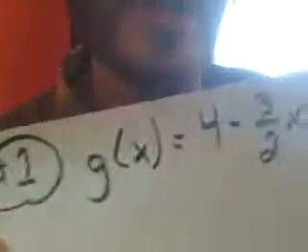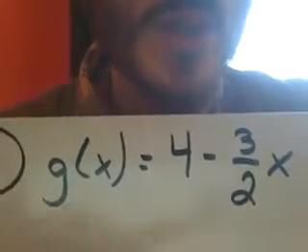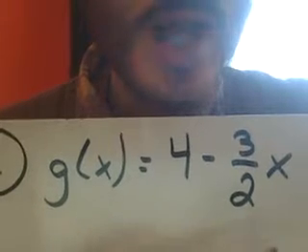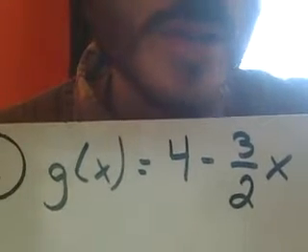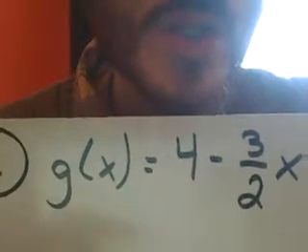So what would we do first? Well, as you should have written down in your notes, we are going to switch the x and g of x variables, okay? Just like you would if you were graphing, we're going to switch these variables. So let's see what we get. G of x would become x.